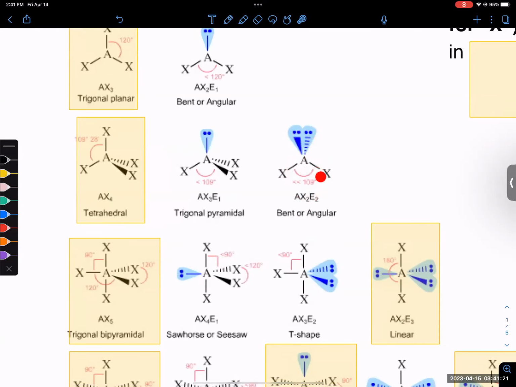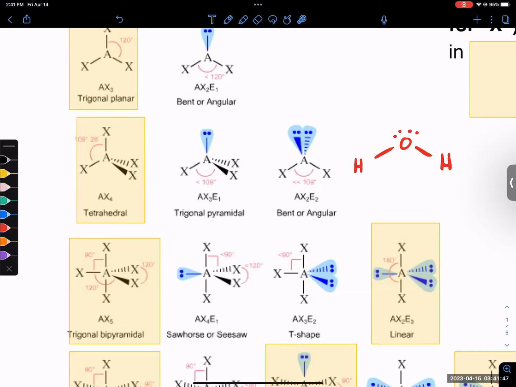This one is the exact same as water. So water looks like this, HOH, with lone pairs. The central atom is oxygen. So the electron geometry for water would be, well, let's count how many electron regions are around oxygen. How many do y'all see?